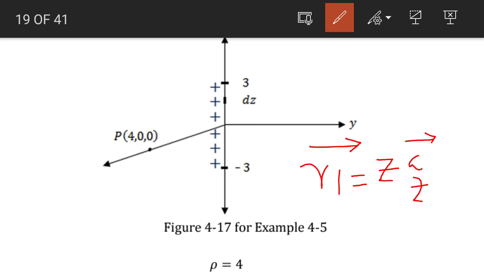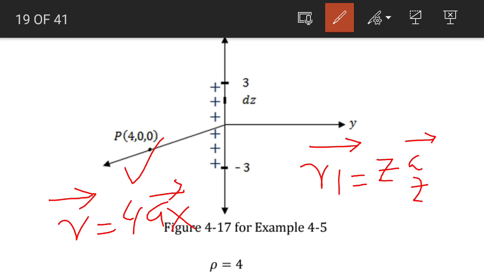The position vector of the point under observation will be equal to 4 ax. Okay, so the position vector of the point under observation will be represented by r, which will be equal to 4 ax. Okay, so let us calculate r minus r1. So r minus r1 will be equal to 4ax minus z az.